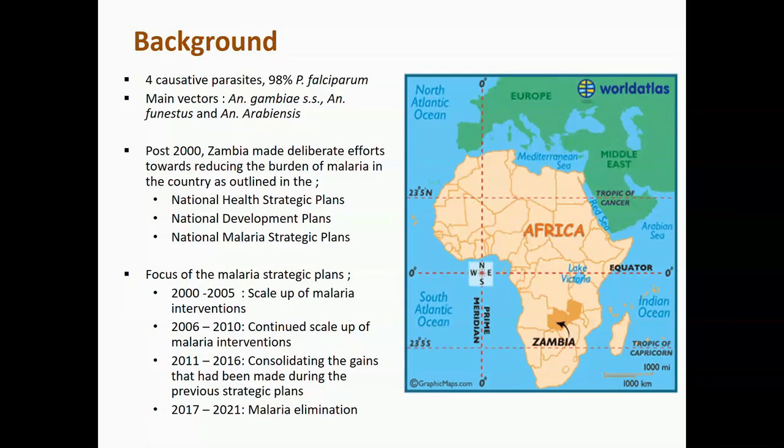To mitigate it, Zambia has had 4 strategic plans over the years, focusing initially on scaling up interventions and then ensuring that the gains we had made from that scale up were not lost. Now our strategic plan is focused on pushing for malaria elimination in Zambia.